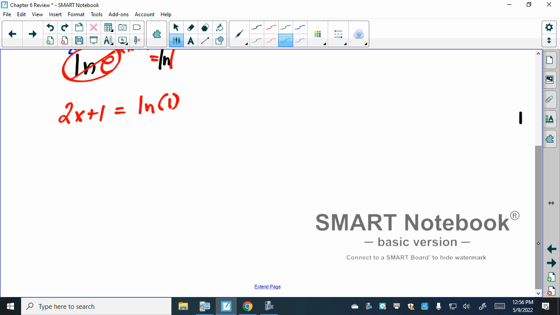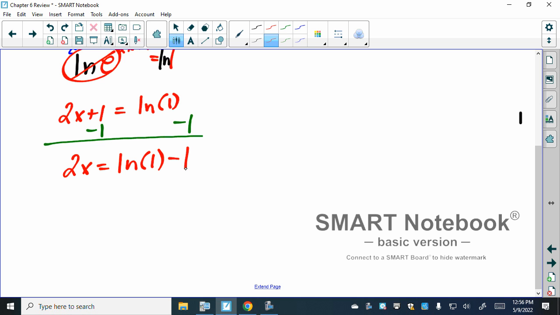Take away 1. Oh, so that means we got 0? So the ln of 1 is inside the parentheses, so it's ln of 1 minus 1.